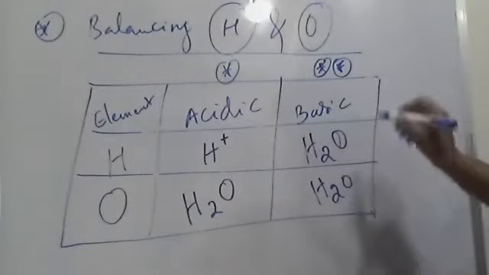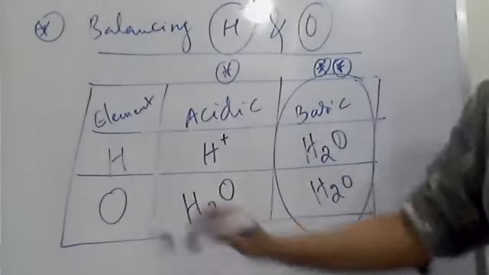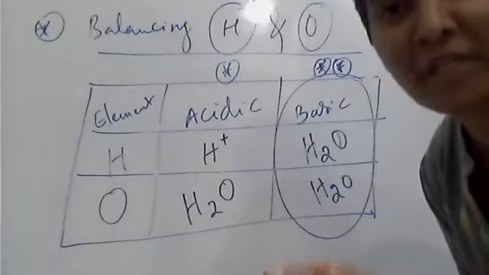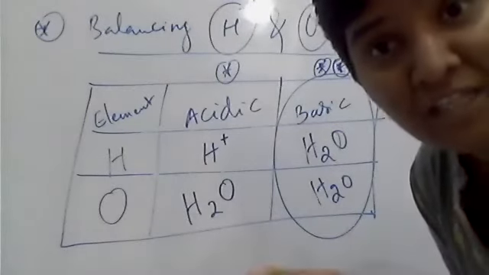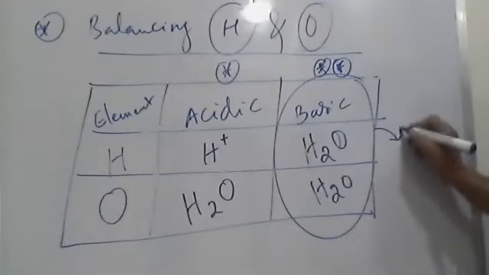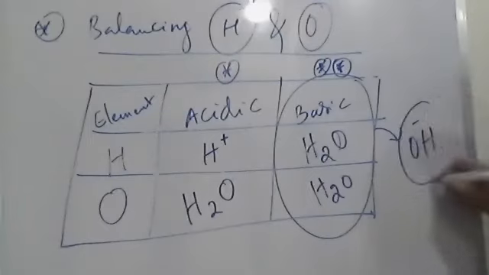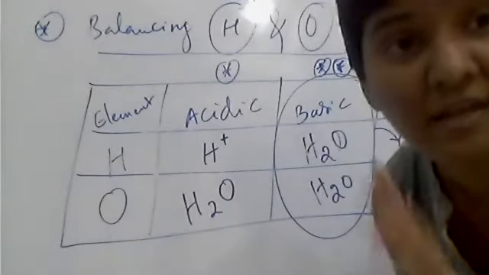So listen here, for balancing both hydrogens and oxygens, you have to add H2O in basic medium. Very, very important. After adding H2O, to balance further, you have to add OH minus, where oxygens and hydrogens are more.